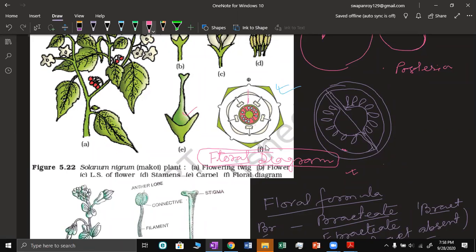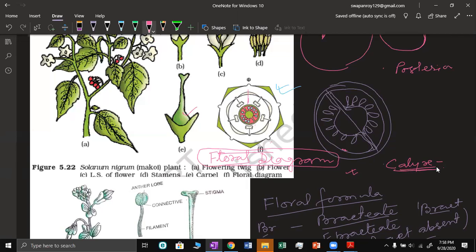And in this drawing, we can show the calyx, how many sepals are there in calyx, and what is their estivation.